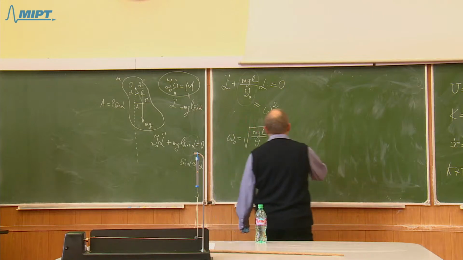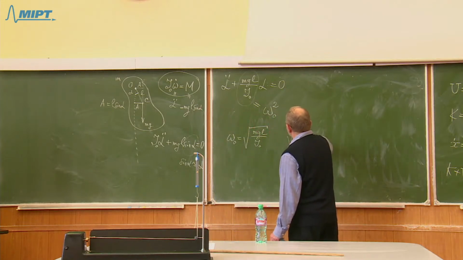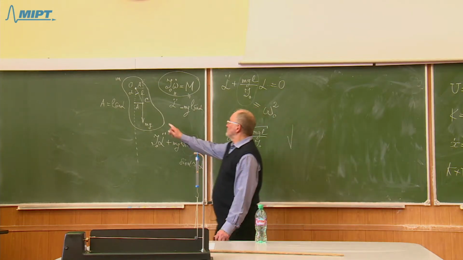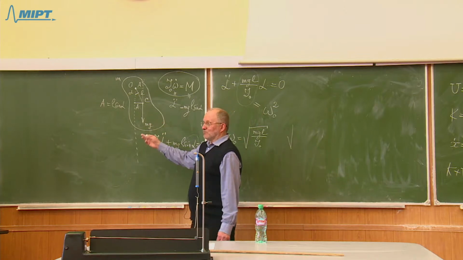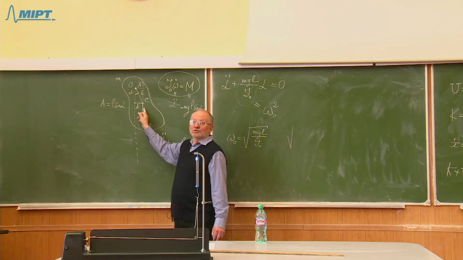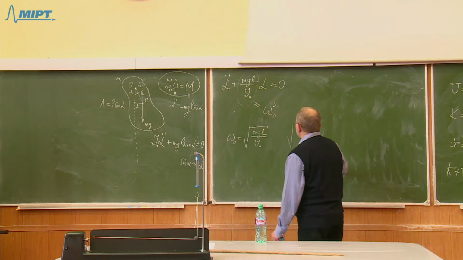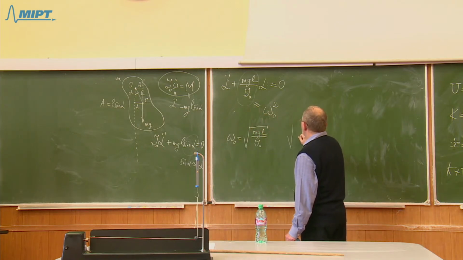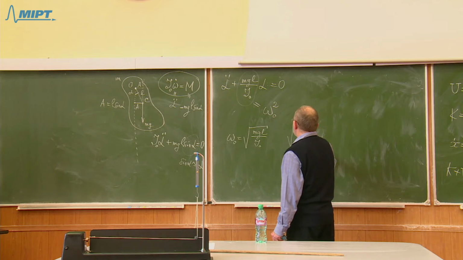And you remember that the frequency of a mathematical pendulum, a small ball on a long thread, was equal to the square root of g over L.